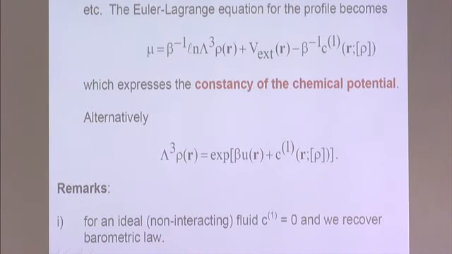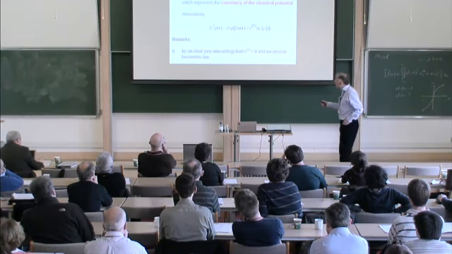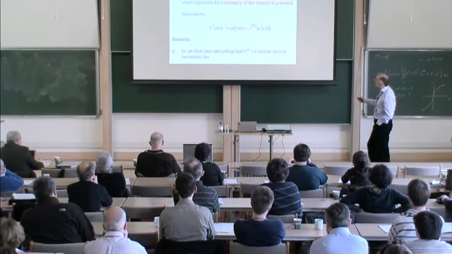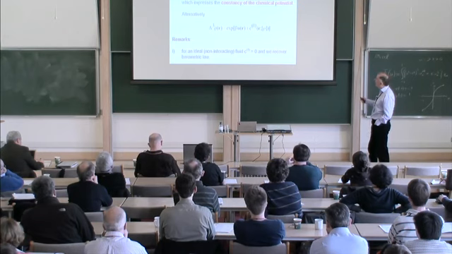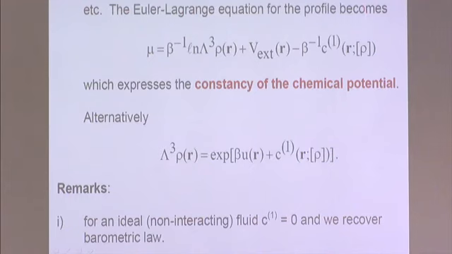And an intuitive way of understanding this is that the Euler-Lagrange equation that you get by minimizing it looks like this. So you fix the chemical potential in an inhomogeneous system that is constant through all of space. And so this expresses its constancy. That's an ideal gas term. That's the external term. And this is the interaction term. So this acts like an additional one-body external potential.